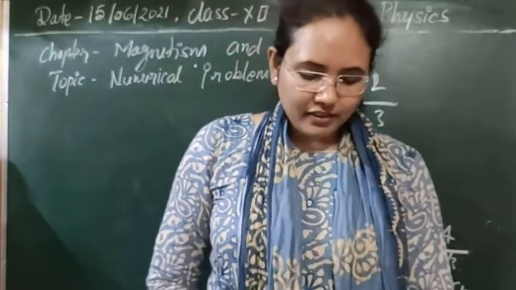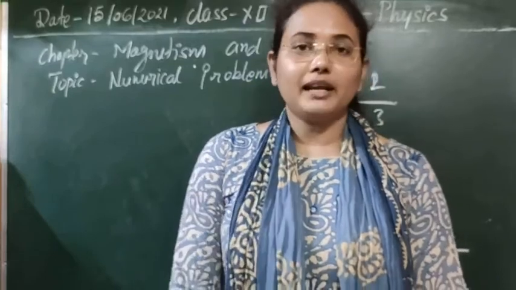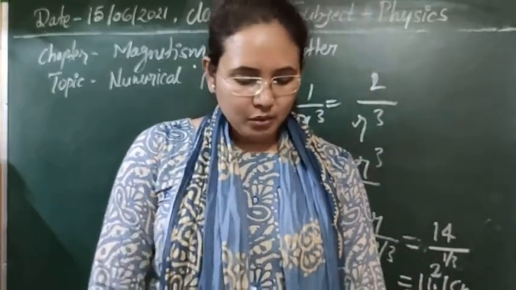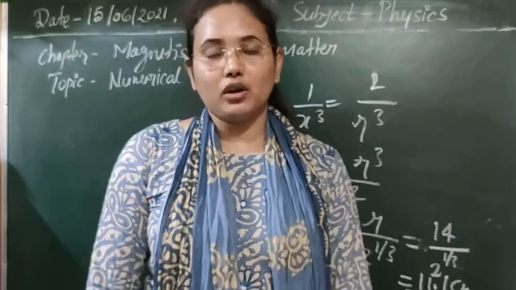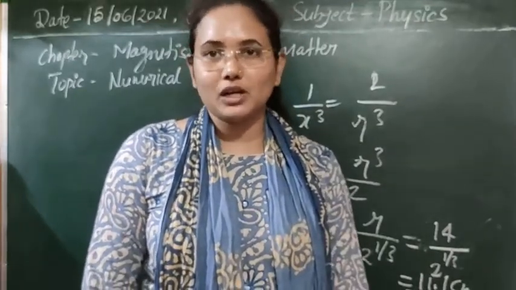So here it is given that we have a location for which, if we put a compass, it points 12 degree west of the geographic north, meaning the direction of the compass tells us about the location of the point.